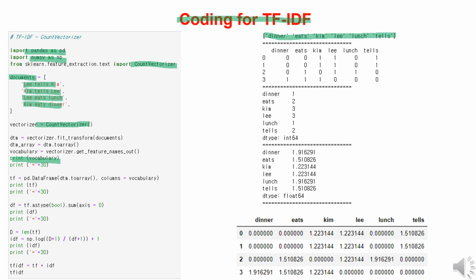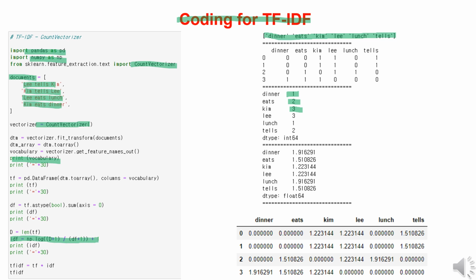We can represent the frequency of each word's appearance in vector form for each sentence. For instance, dinner appears once, eats appears twice, Kim appears 3 times, and so on. After that, based on the total number of sentences and the number of sentences where the word appears, we can calculate the IDF by taking the logarithm.